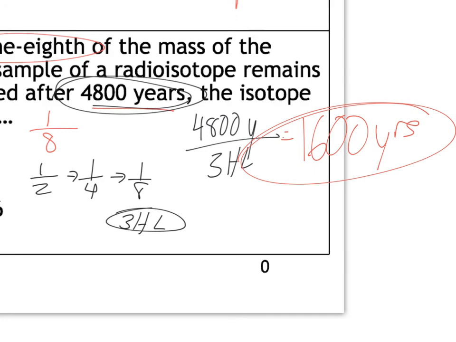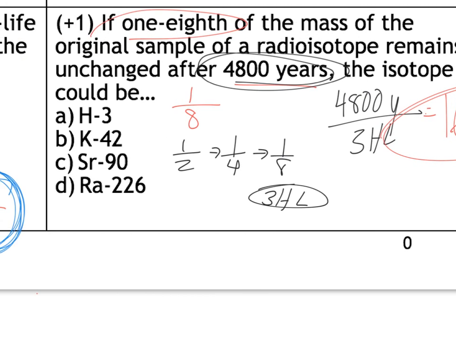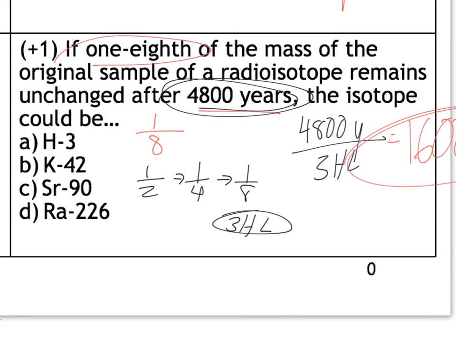Now they want to know which of these isotopes it could be. And of the isotopes that are listed, the one that is really close to having a half-life of 1,600 years is radium-226. Now, to be clear, its half-life is, I believe, 1,599 years.